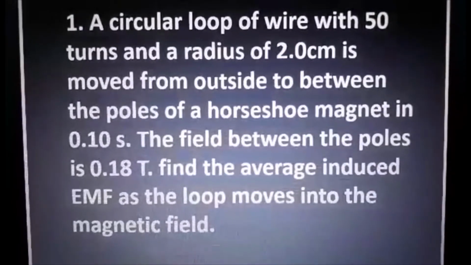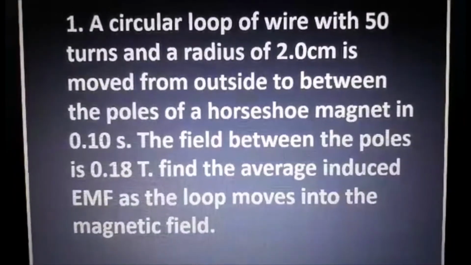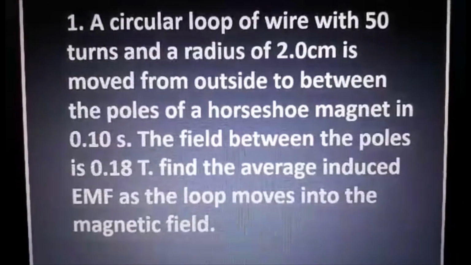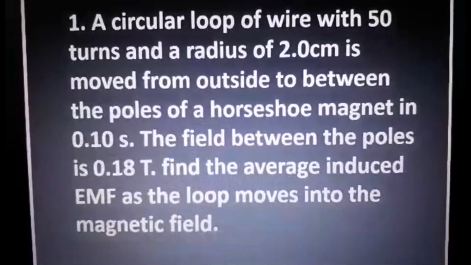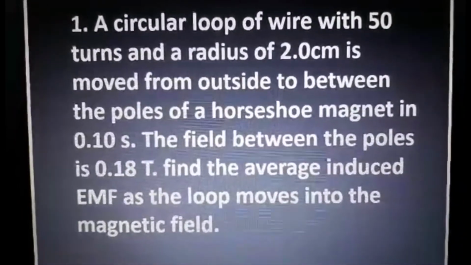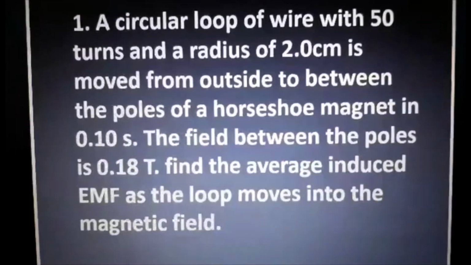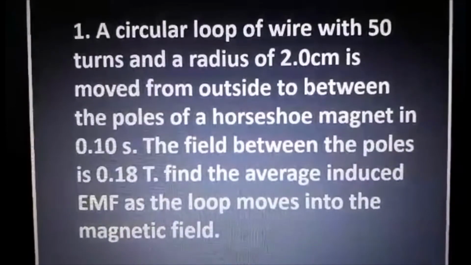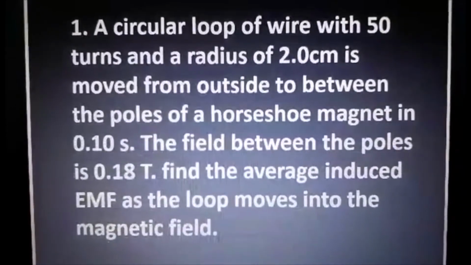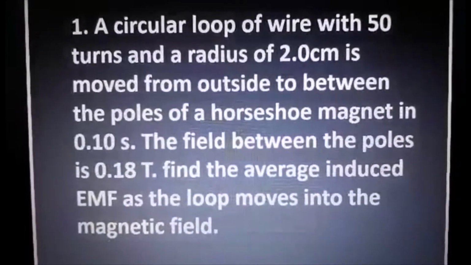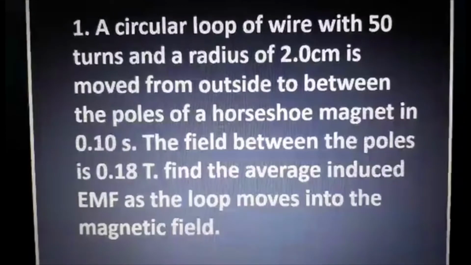The field between the poles is 0.18 Tesla. Find the average induced electromagnetic force as the loop moves into the magnetic field. So that is the problem for the application of our induced electromagnetic force. So what we will look for is the average induced electromagnetic force.